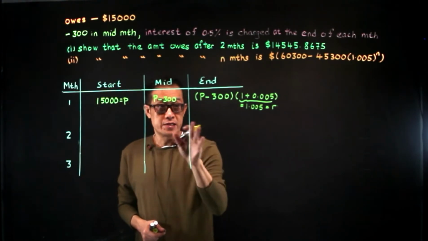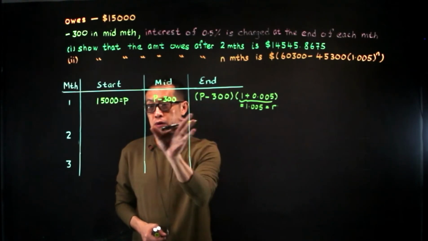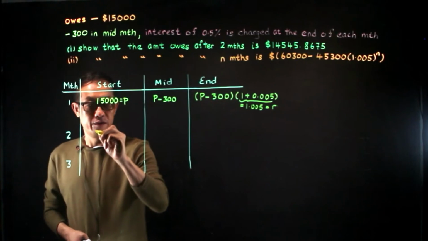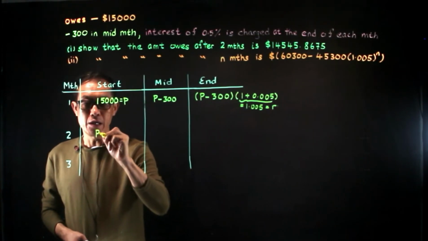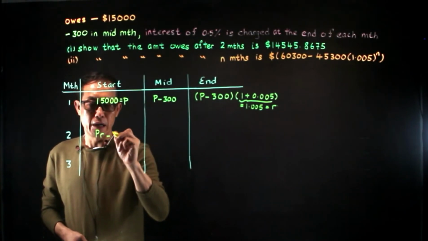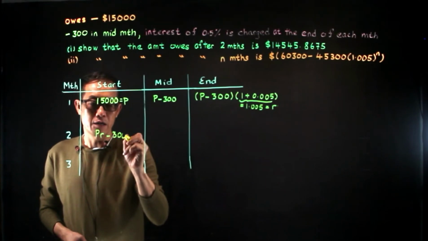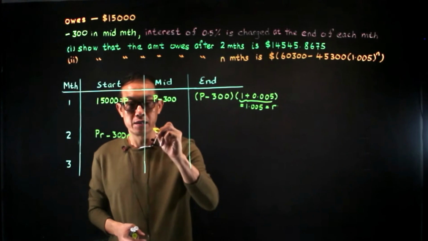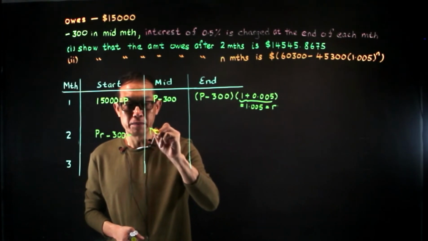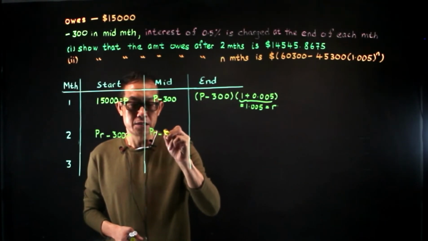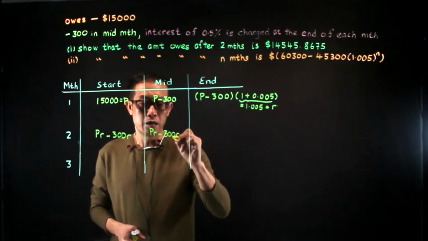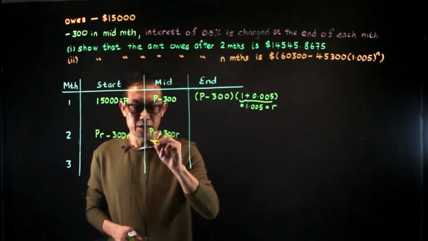So at the start of the second month, this will be brought forward, so you have PR minus 300R. In the middle of the month, same thing, it will be PR minus 300R minus another 300.